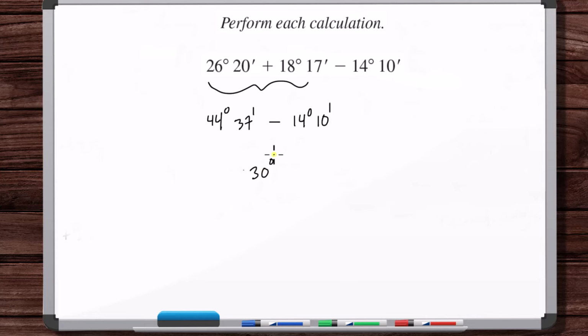Okay, now, but are we going to go below 30 degrees? Well, no, because with this 44 degrees, 37 minutes we're going to stay above, like we have 44.7 minus 14.2. That's going to be 30 point something. It's going to be 30 degrees, 27 minutes.